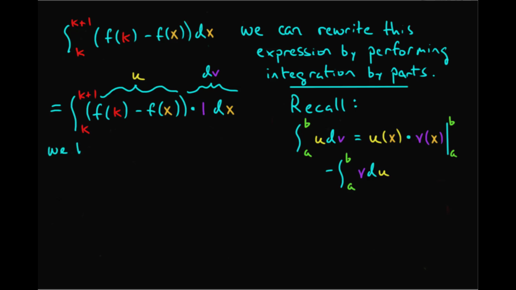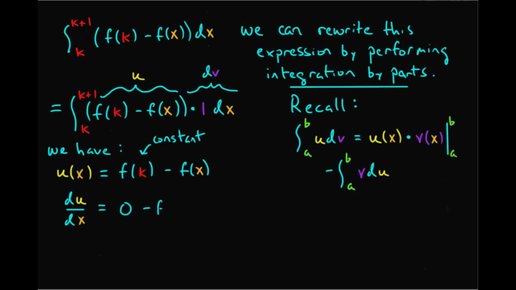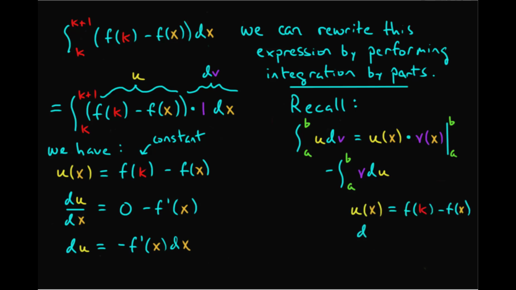So we have u of x equals f of k minus f of x, and then when we differentiate with respect to x, we have du dx equals 0. Remember, f of k here is a constant, so when we differentiate it, we just get 0, minus f prime of x. Therefore, du equals negative f prime of x dx. So I'll just write those facts on the right-hand side of the screen here.